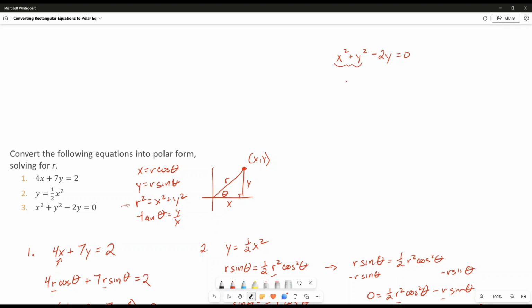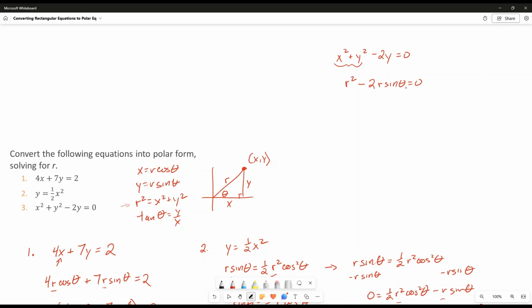I know that is equal to r squared. So x squared plus y squared minus 2y is equal to 0 could be rewritten as r squared minus 2r sine theta is equal to 0. So again, I'm using x squared plus y squared equals r squared, and then I'm using y is equal to r sine theta.